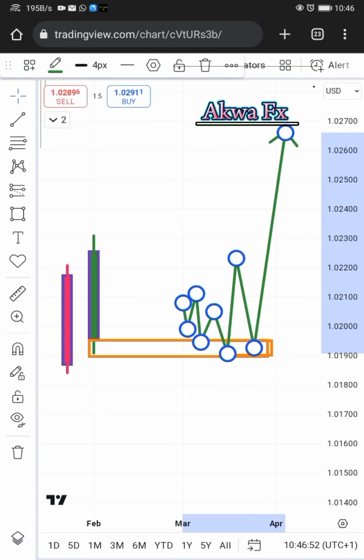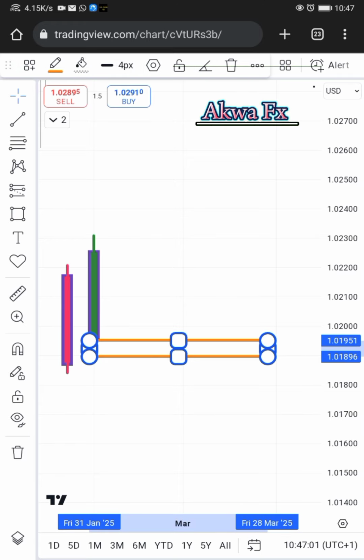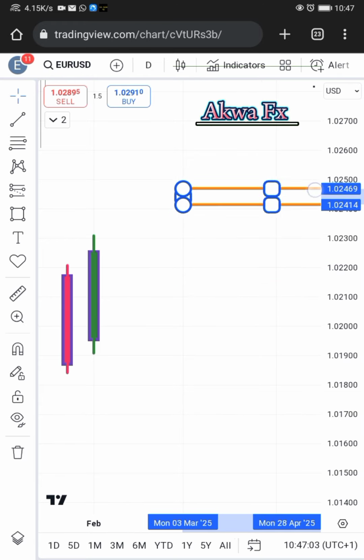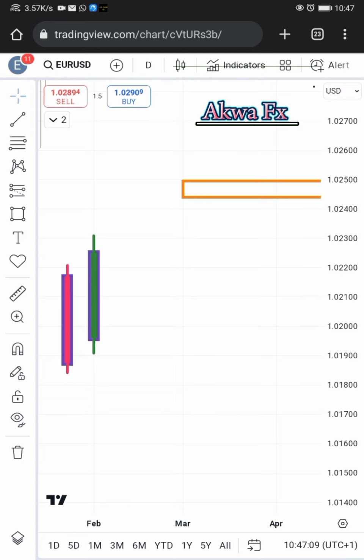So okay, let's describe the bearish part also, so you can understand. The bearish part of it is for us to look for something like this.